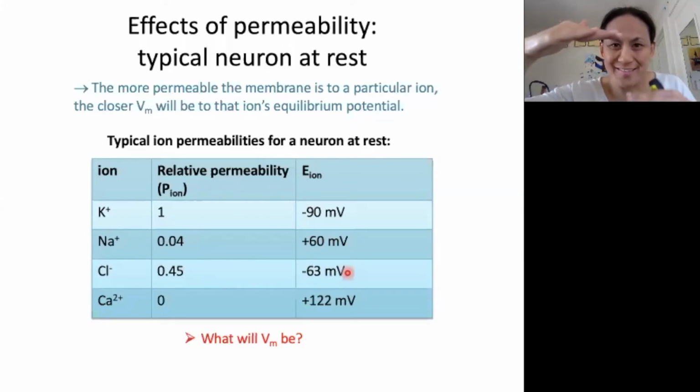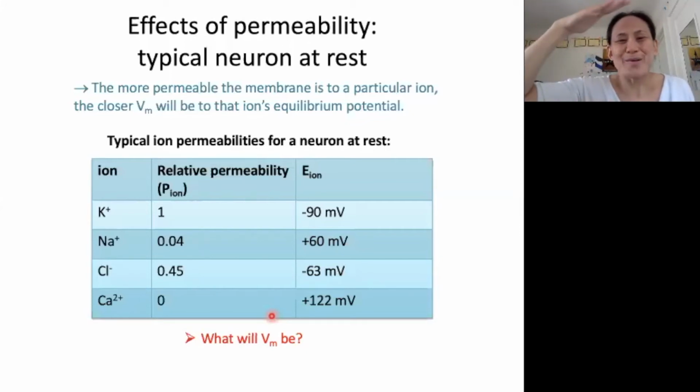Does that make sense? That's what I would usually say if I were doing this in person. So basically, as a result, we have a resting membrane potential that's close to negative 90 millivolts, but it's not quite that negative because sodium and chloride are pulling it up.